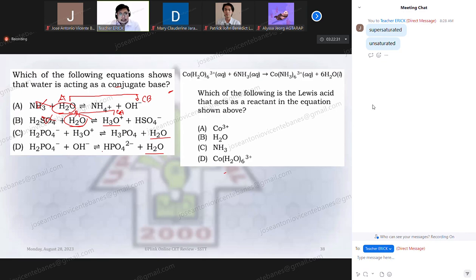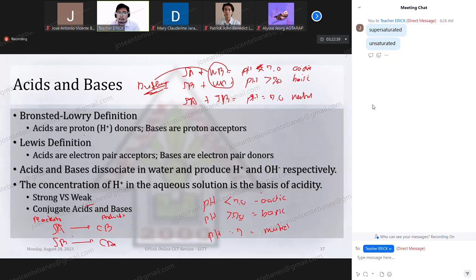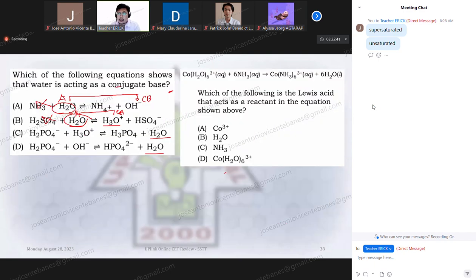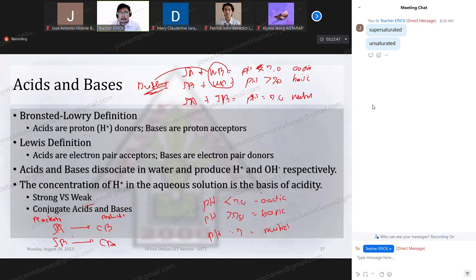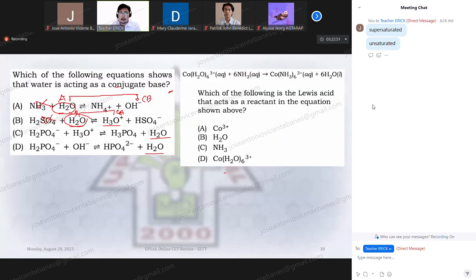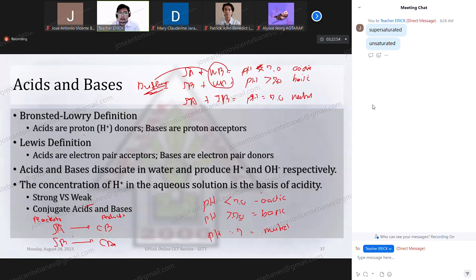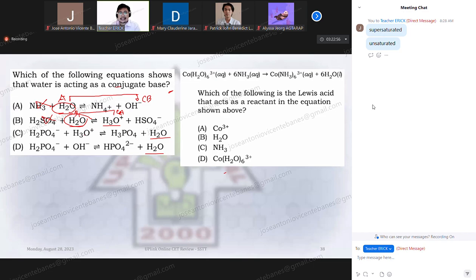Then letter C. Is water a conjugate base? Again, bases tend to accept protons. If bases are proton acceptors, and water is a proton donor here, then which one do we need to take?